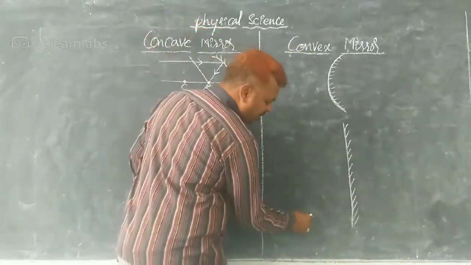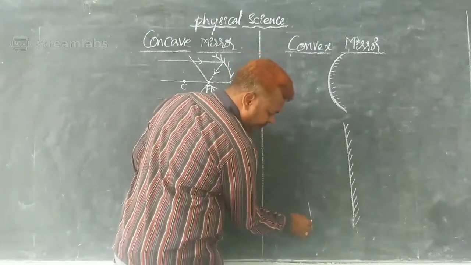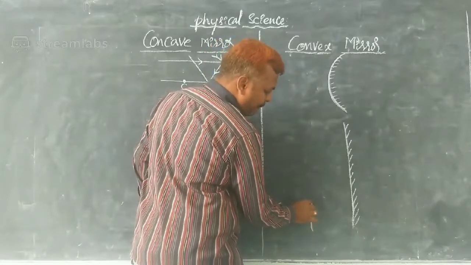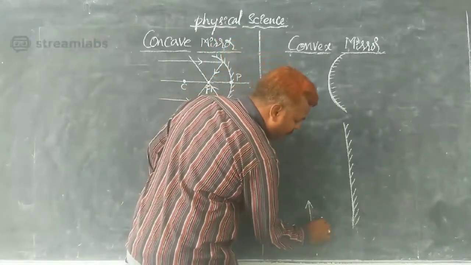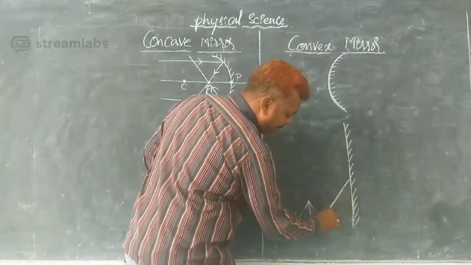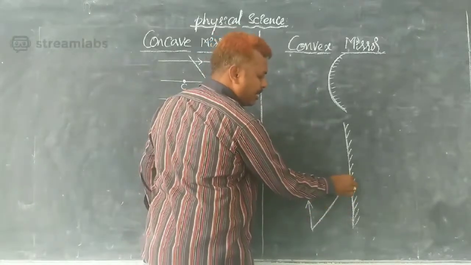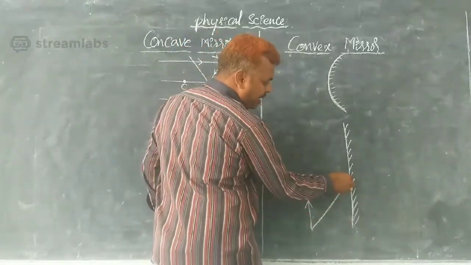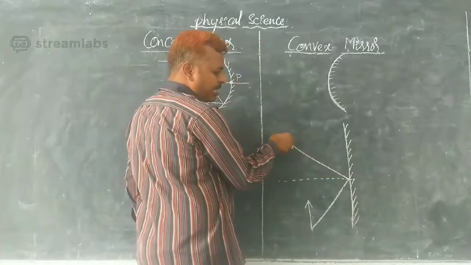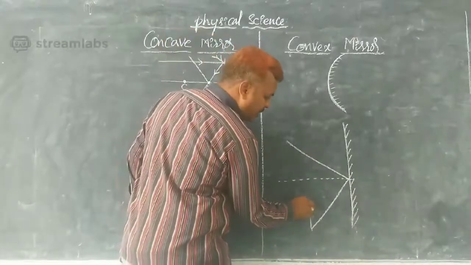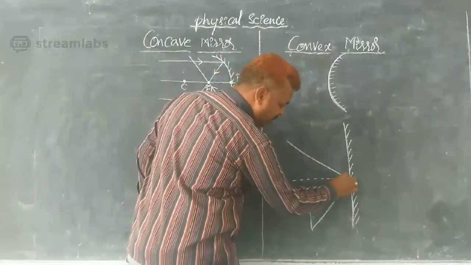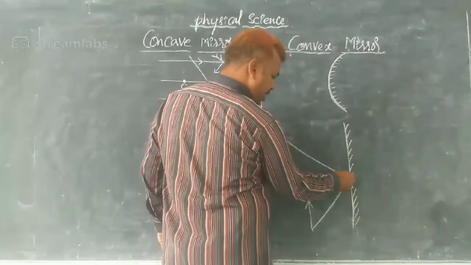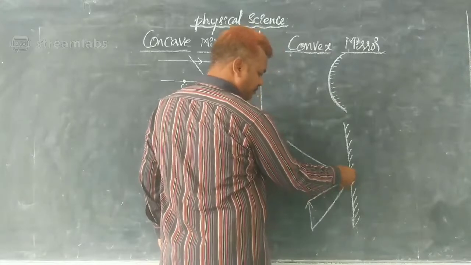When the object is here, the light rays will go and fall onto the mirror, and this is a normal line, a perpendicular line, and in the same way it will reflect back. So when these light rays fall on the mirror, they get reflected like this.